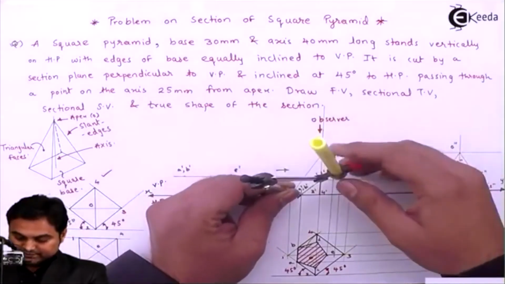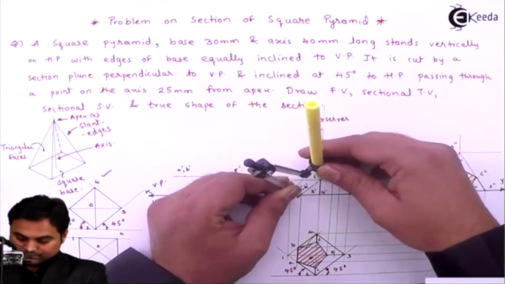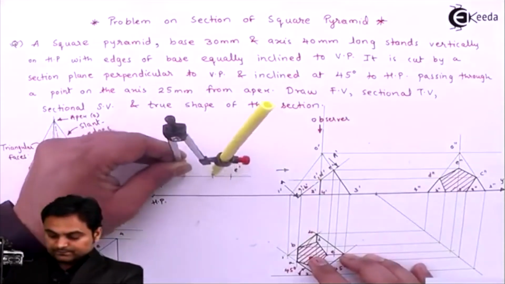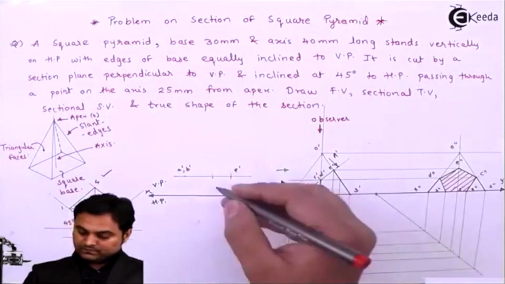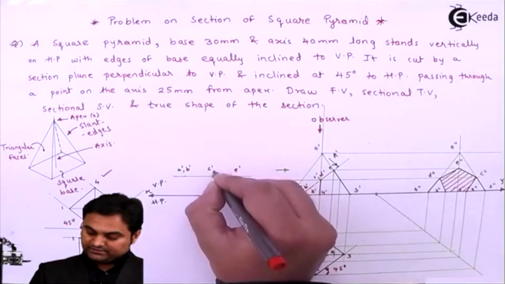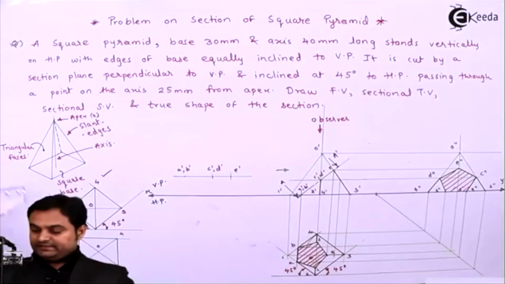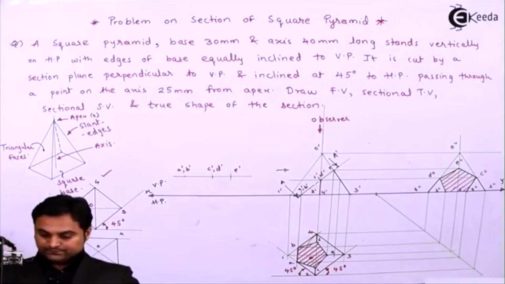Then for C and D, C dash D dash is at this location. So here I'll get C dash comma D dash. Then projecting these points one at a time in the sequence.